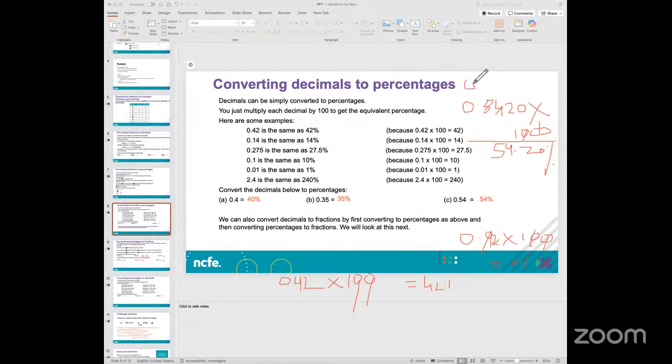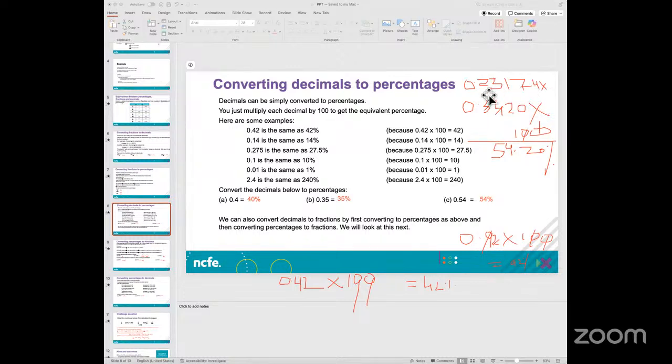If you had a number like 0.2, say for example 23174, and you had to express this as a percentage, again you'll follow the same rule. What you're going to do is multiply this by 100. It doesn't matter.